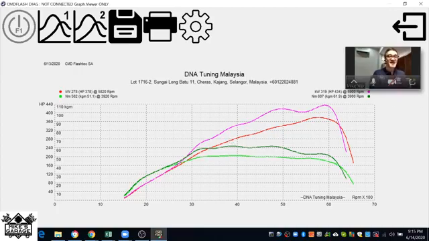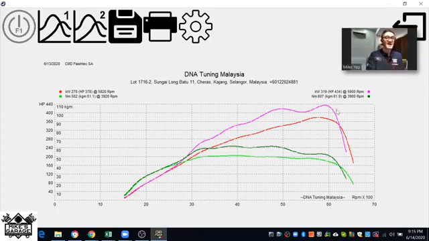As you can see, after we tuned this vehicle, it was kicking out 434 horsepower, which is the peak horsepower here, at 5,900 RPM, and it was also kicking out 607 Newton meters at the engine.